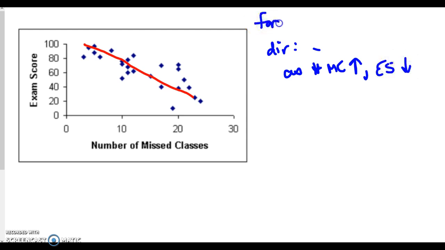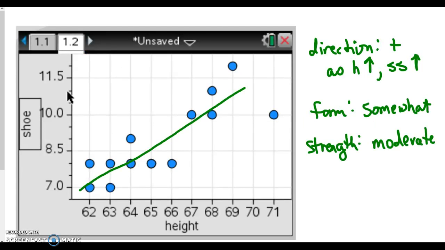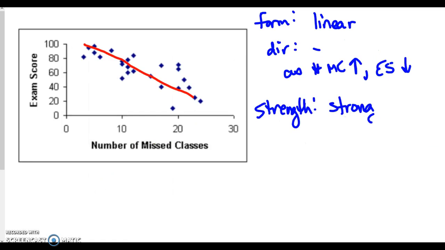Form, I would say this is very definitely linear. And then strength, I would say this relationship's pretty strong because as you look at where I penciled in that best fit line, the points are clustered pretty tight to the line. Versus if we go back to the last example, there's a little more scatter or distance between the points and the best fit line.